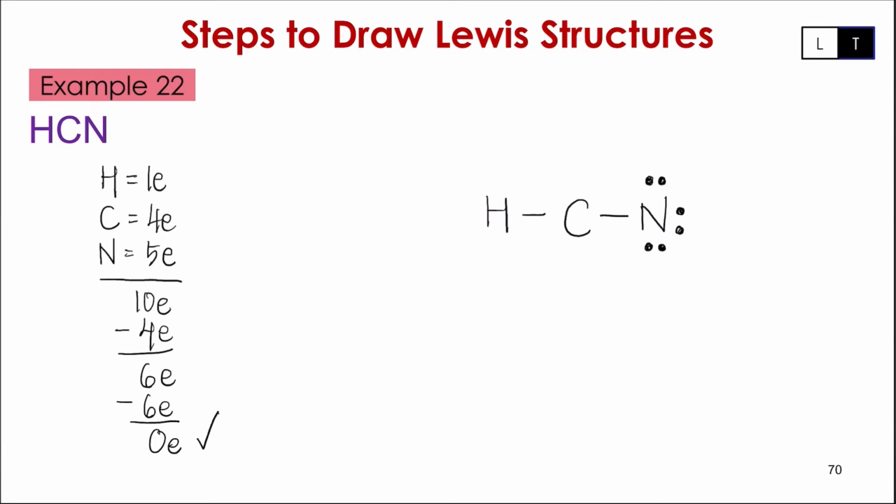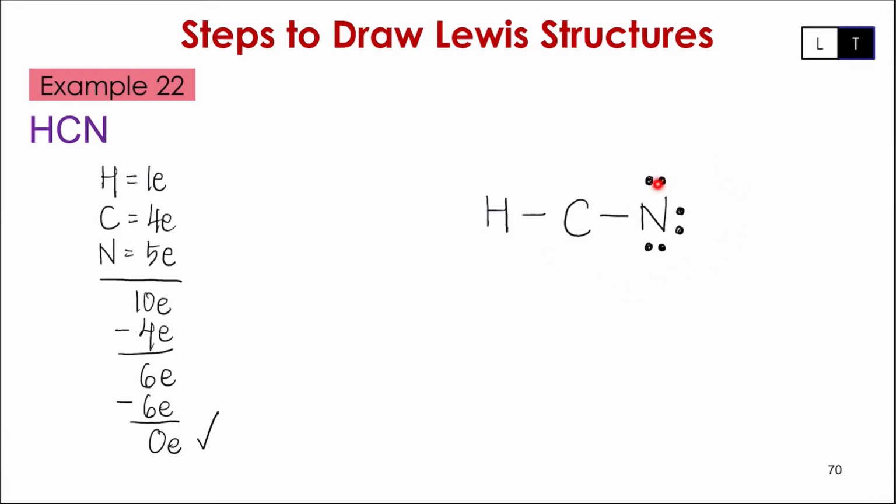So calculation dah betul. Mari kita lihat adakah semua atom dalam HCN sudah octet. So hydrogen sudah duplet, nitrogen sudah octet, tetapi carbon masih belum. So kita tidak boleh tinggalkan macam ni. We have to do something di mana untuk antara carbon dan hydrogen, we cannot do anything.